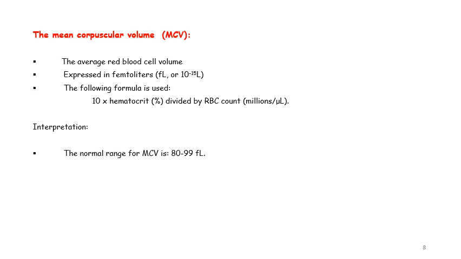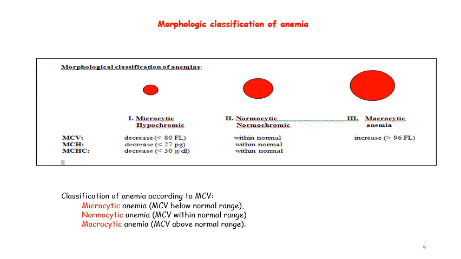The mean corpuscular volume is one of the blood indices. It means the average red blood cell volume expressed in femtoliters. And the normal range for the MCV is 80 to 99 femtoliters.